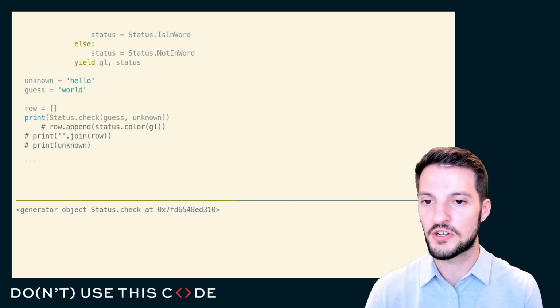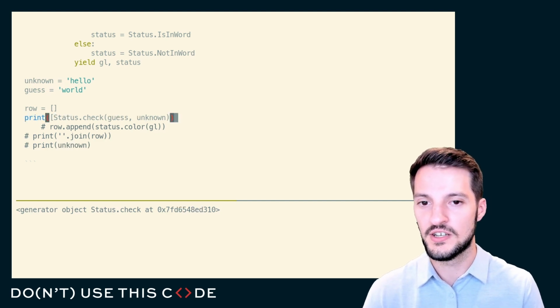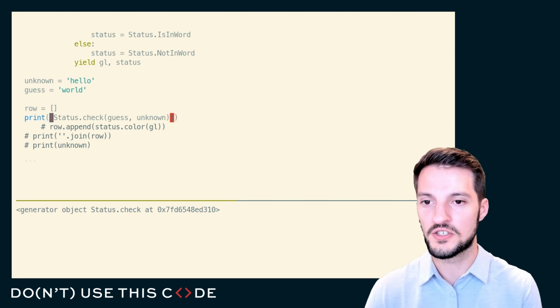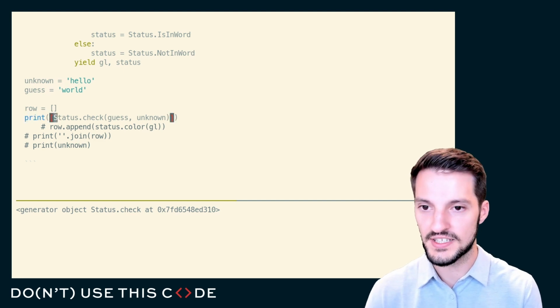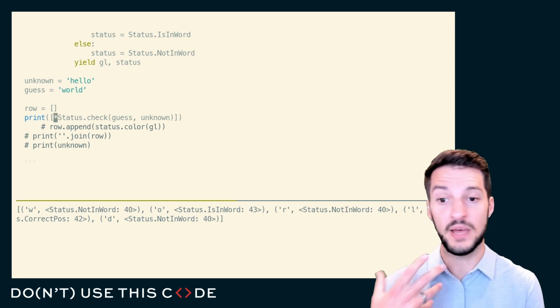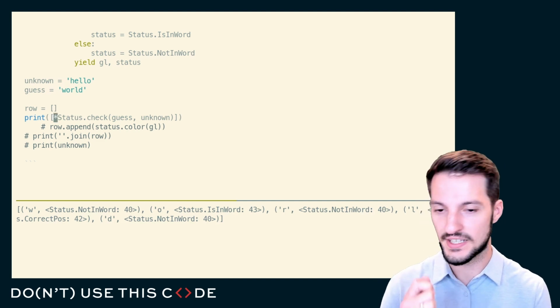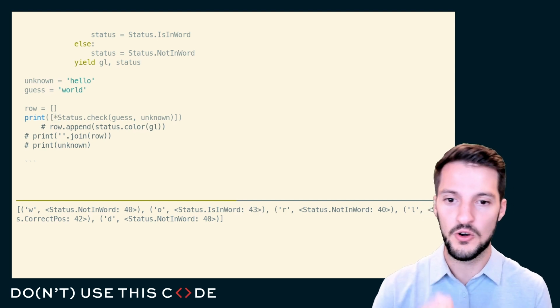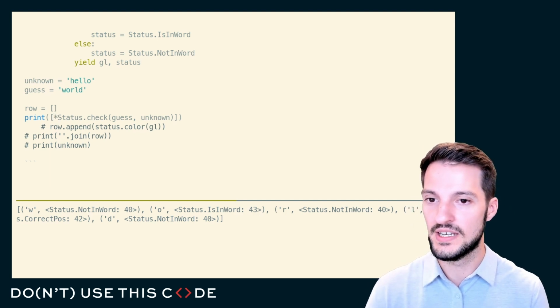Okay, and so we have this generator object. And if we wanted to concretize it, we could very easily throw it all into a list just by unpacking it. And there we have each letter in my guess, as well as its status, if it's in the word, if it's not in the word, or if it's in the correct position.